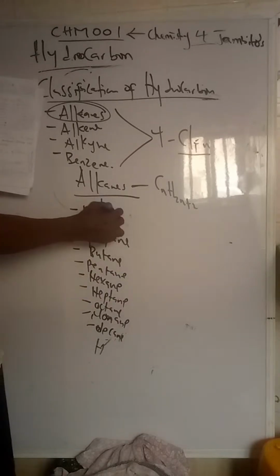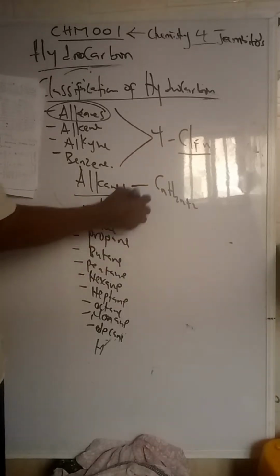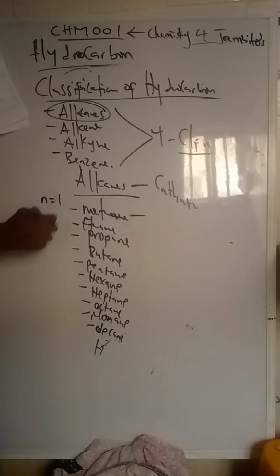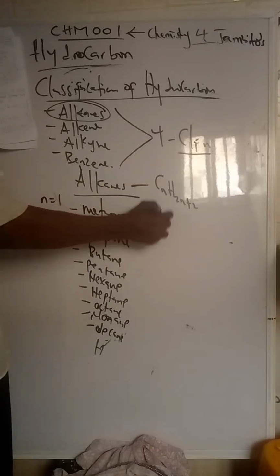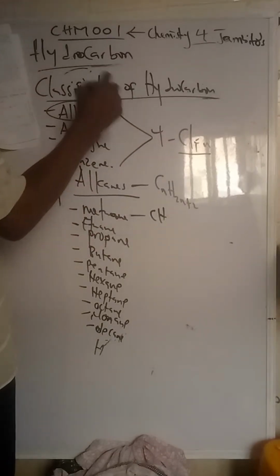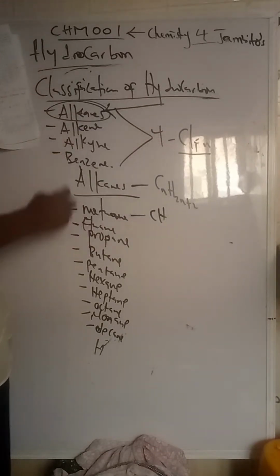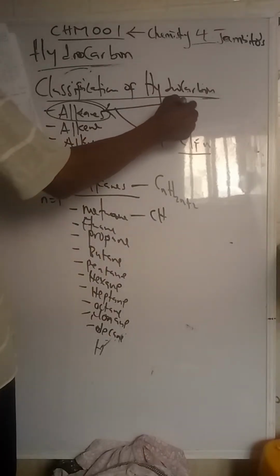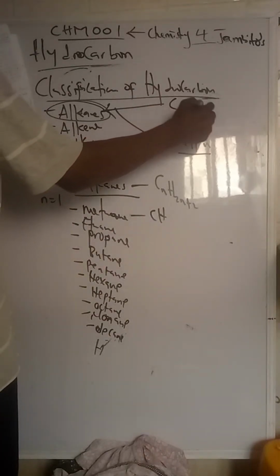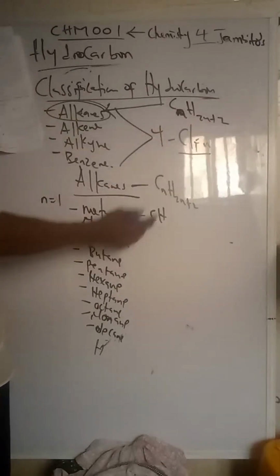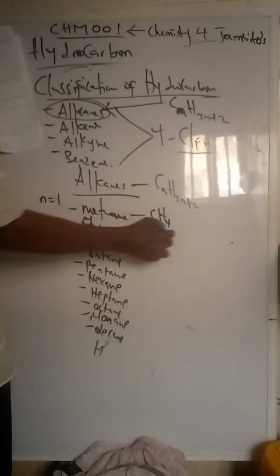For methane, that is when n equals 1. Using the formula for the alkane family, CnH2n+2, when n is 1, this becomes CH4.